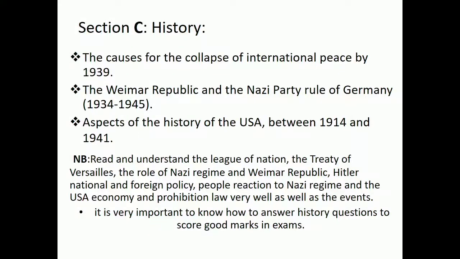That's all for geography. Now we look at section C, history. Under history, we have to look at 3 topics. One is the causes of the collapse of international peace by 1939.